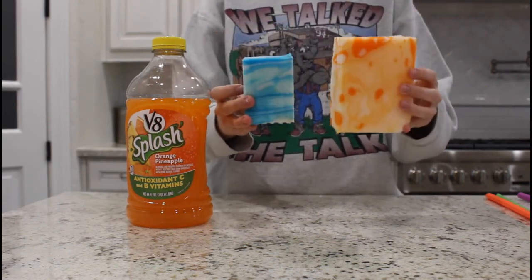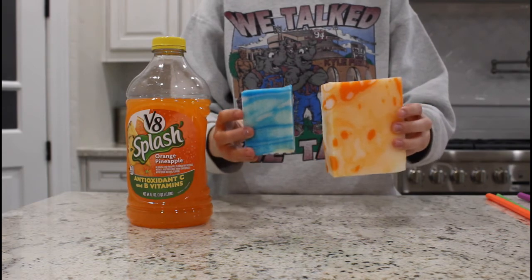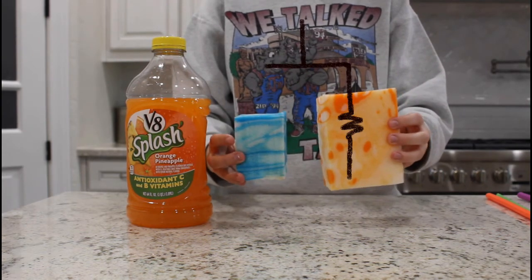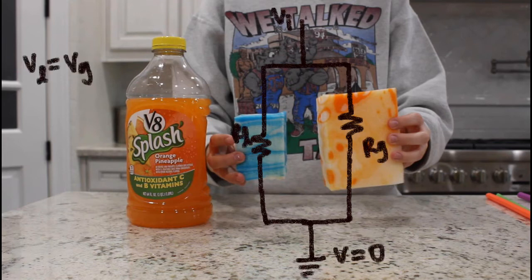The voltage drop across resistors in parallel is the same regardless of the value of the resistor, because at the top node you have one value for voltage, and at the bottom node, where the two branches come back together, you have another voltage, and in this case we'll say it's ground, so the voltage is 0.